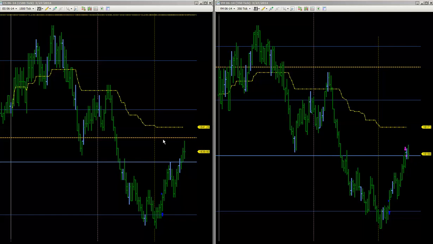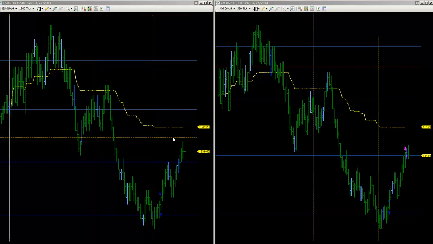I have some targets resting right there. Watching this high interest bar fairly closely. I don't want to see it come back and start closing below that.